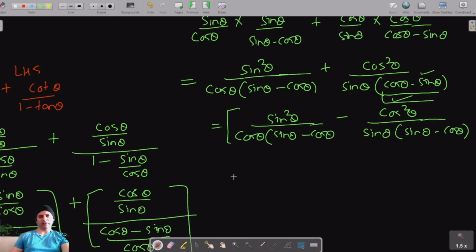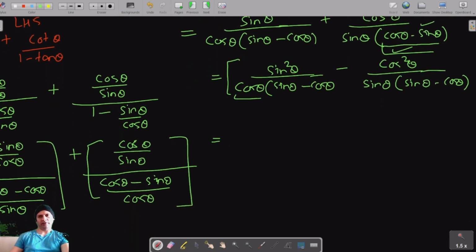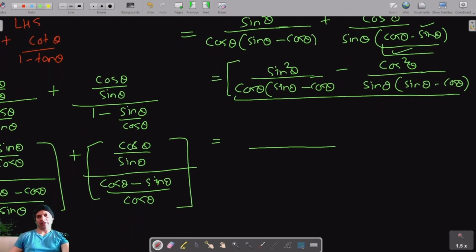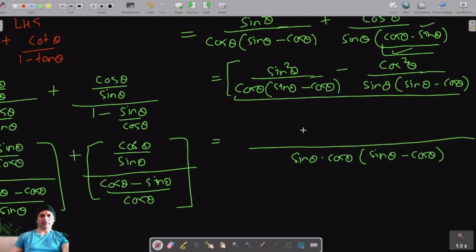Now we can take the LCM for these two. The LCM is sine theta into cos theta, into sine theta minus cos theta, which gives us this, now sine theta minus cos theta.